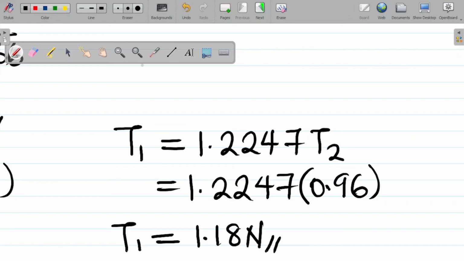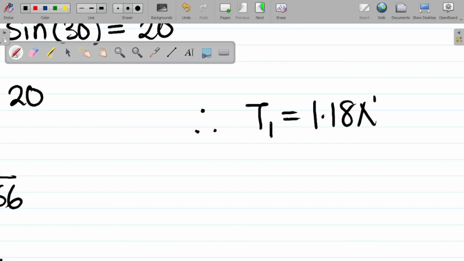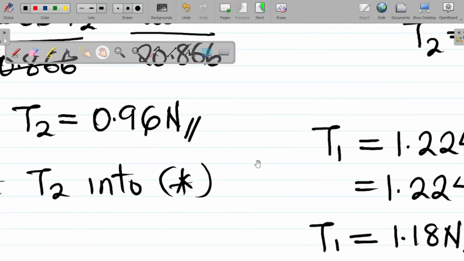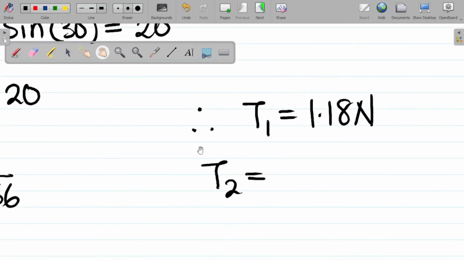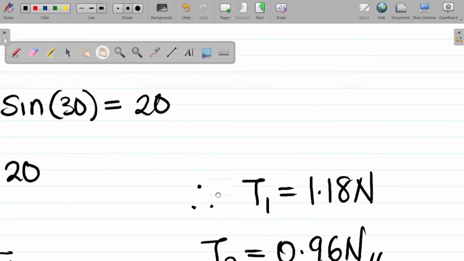So therefore T1 is equal to 1.18 Newton, while T2 from here we said is 0.96 Newton. This becomes the answer. So this becomes the value of T1 and T2.